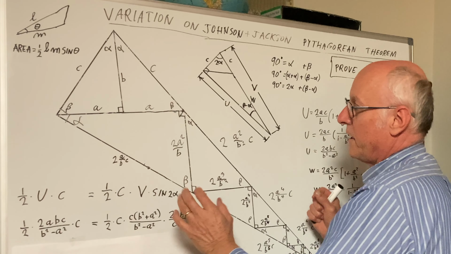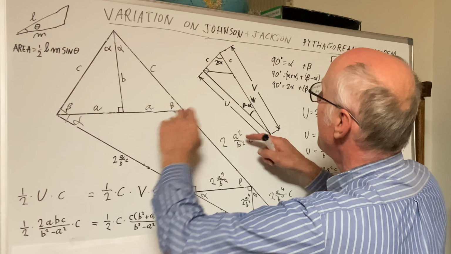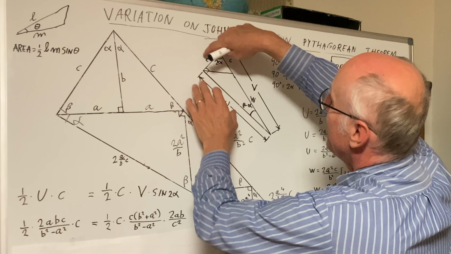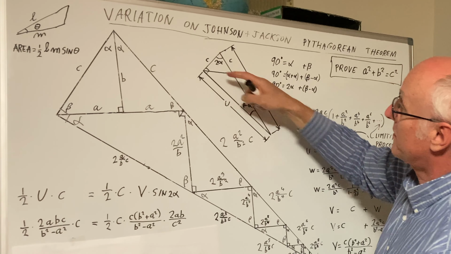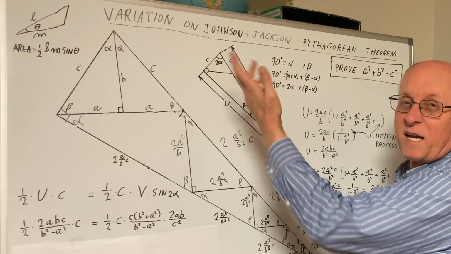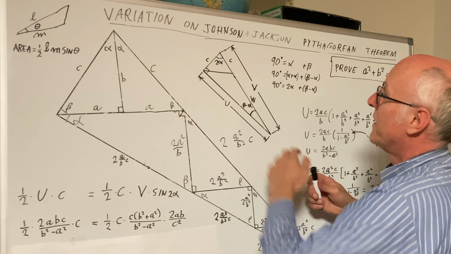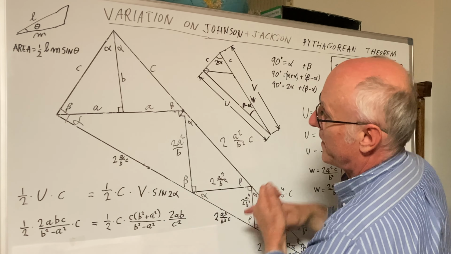Here's what we're doing. 1/2 of u times c, that's basically the area of this triangle. This is a right angle, so we can do 1/2 base times height, right? Well, that must be the same thing looking at it from this 2 alpha perspective.